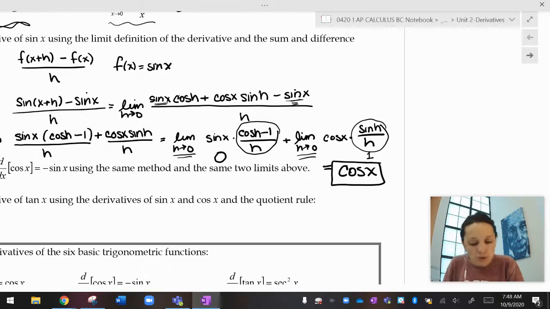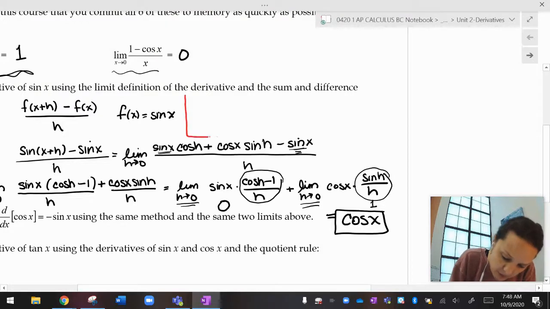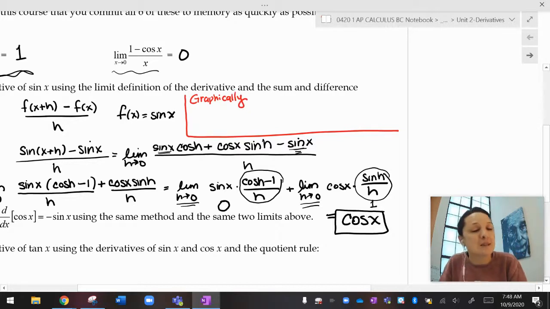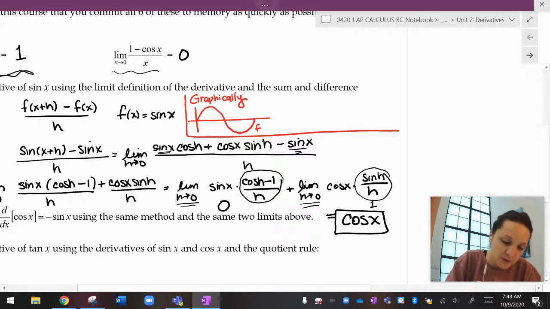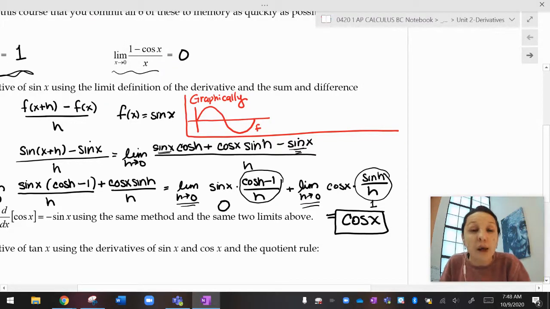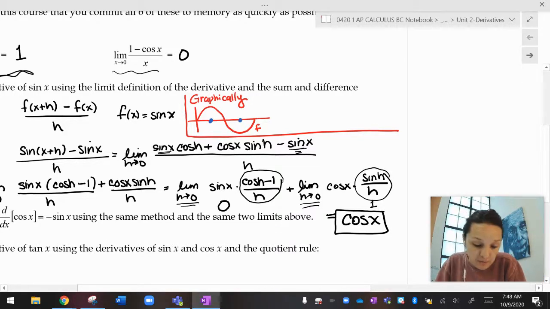Now, I can also show you this graphically. Graphically isn't a proof of why the derivative of sine x is cosine x, but it is a very visual justification. So if I have the graph of sine x, which is f of x, and I want to draw the graph of f prime, whenever f has a relative extrema, or whenever f has a slope of 0, f prime has an x-intercept, and f is increasing before that and decreasing after and then increasing.